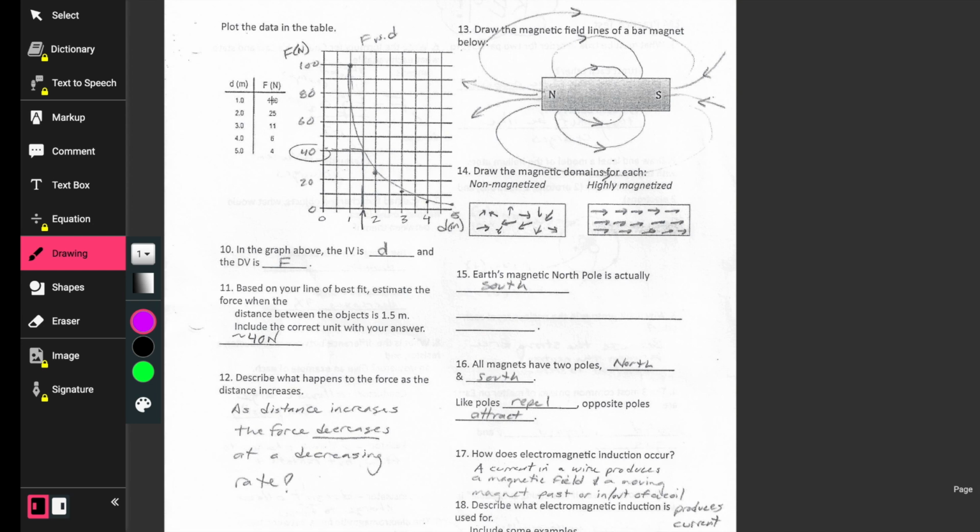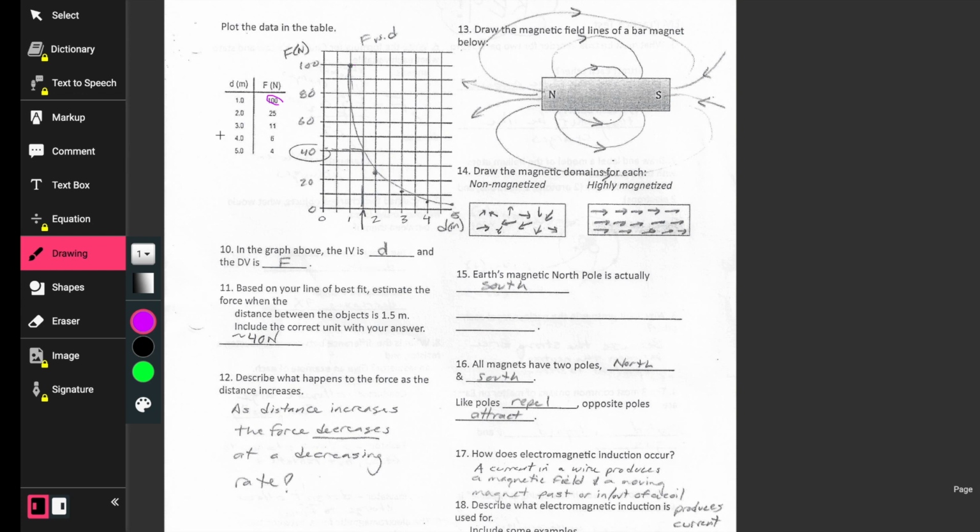Notice this is evenly spaced, 0, 20, 40, 60, 80, 100. But look over here, 100, 25, 11. We have to make sure we're evenly spacing it. Because the graph is evenly spaced, when we plot 100, then 25, and then the next point, it results in this curved line.